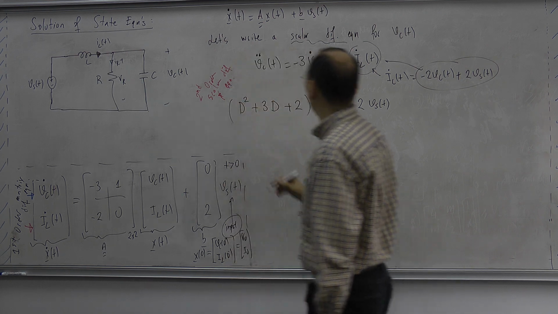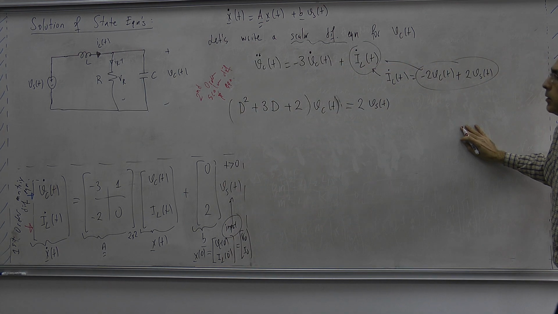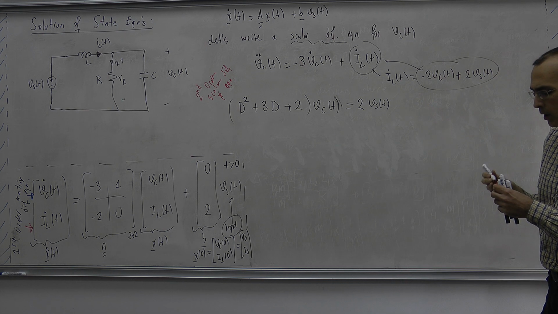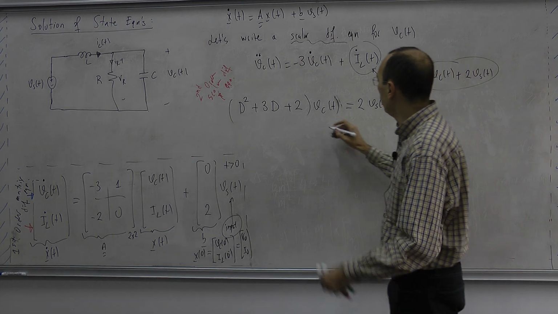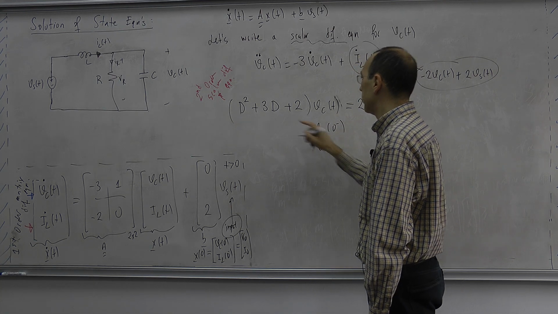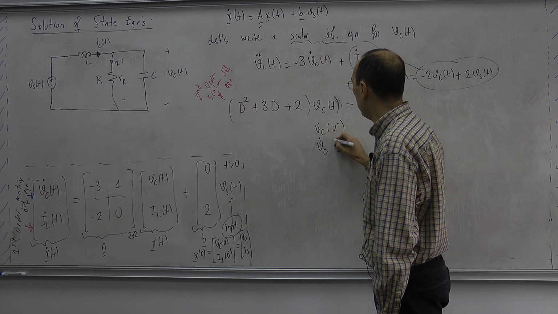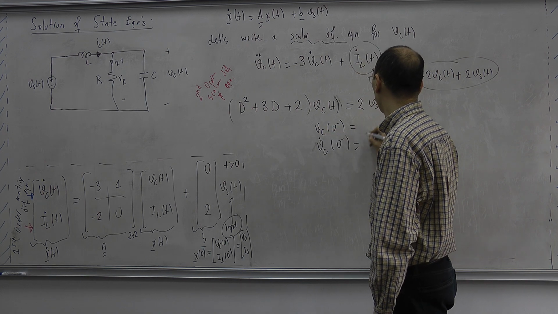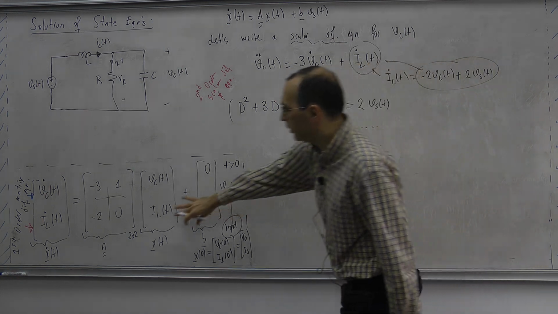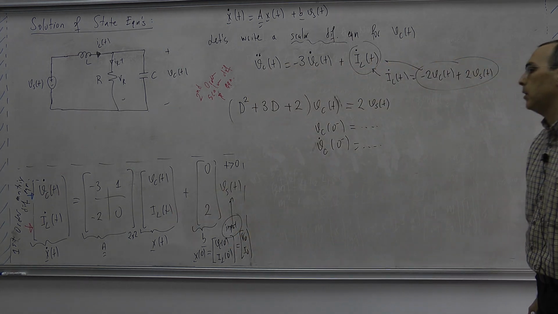In EE201, in the earlier course, you have already studied RLC circuits, and we know how to solve this differential equation. But again, a differential equation won't be complete without the initial conditions. Since this is only in Vc, I need the initial conditions at 0 minus. I should be able to derive these initial conditions from the state equation itself.